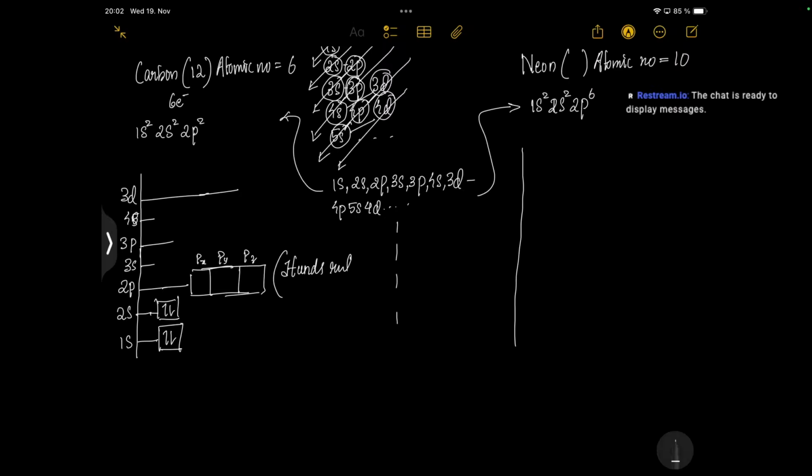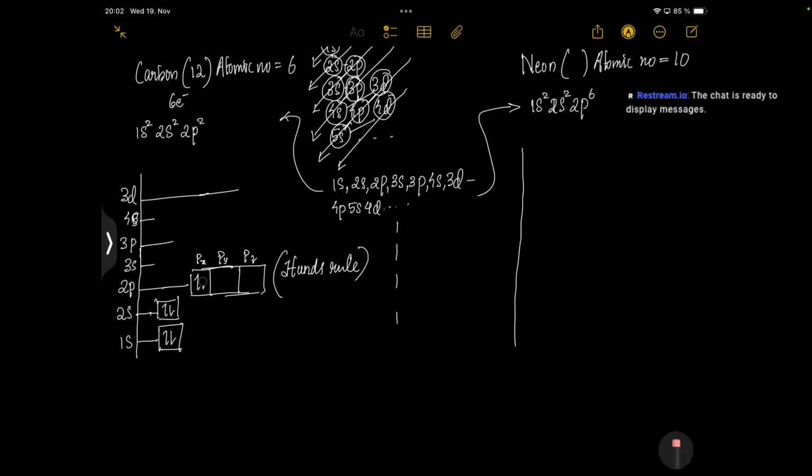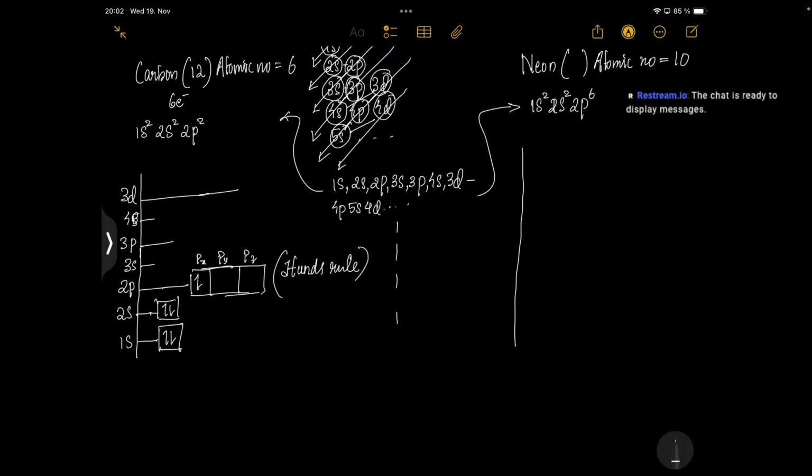We could fill in this way and just call it a day, but no, according to Hund's rule, if we don't have enough electrons, we're gonna fill each individual orientation with an individual electron.